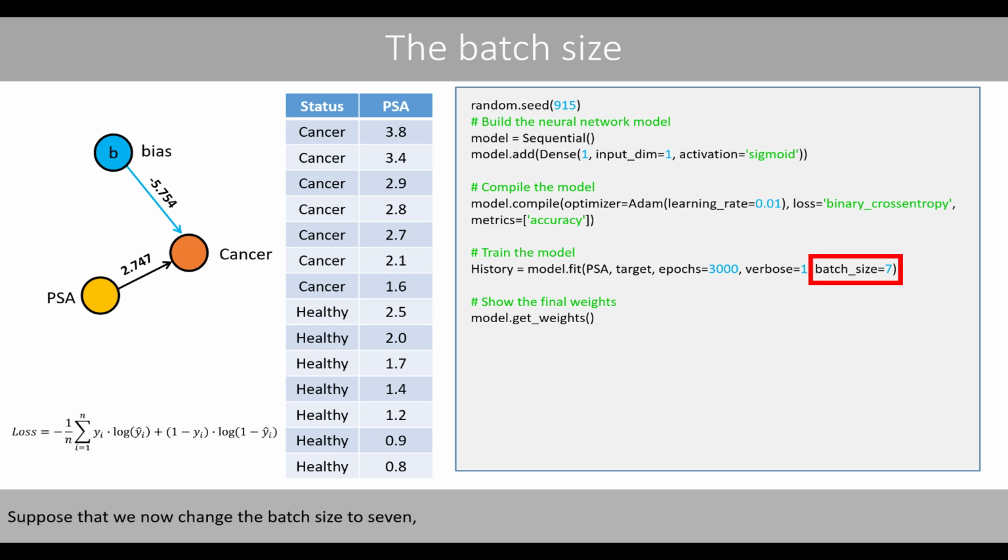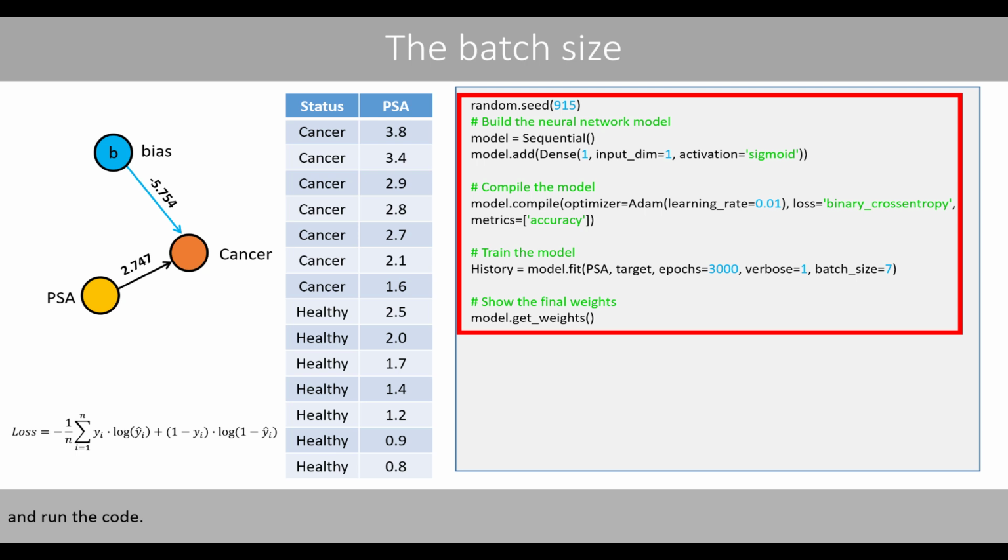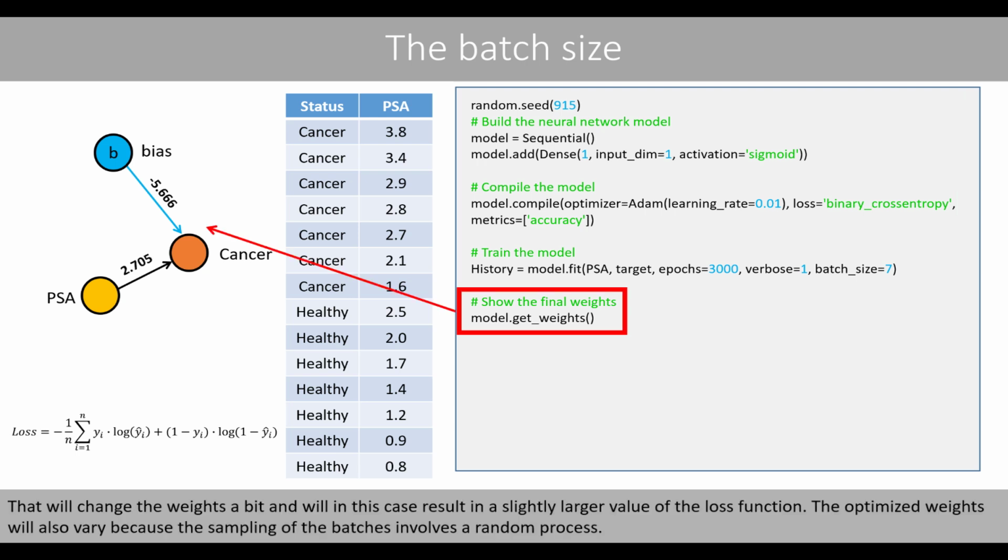Suppose that we now change the batch size to 7 and run the code. That will change the weights a bit and will in this case result in a slightly larger value of the loss function. The optimized weights will also vary because the sampling of the batches involves a random process.